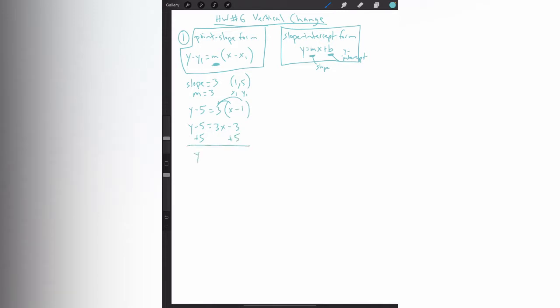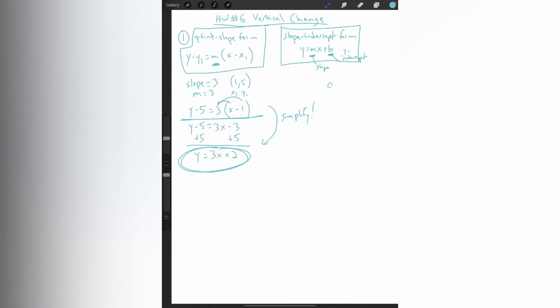And I get y is equal to 3x plus 2. All right, now that I'm here, I can circle it and say, hey, I'm done. Because what you had here, that's right so far, but you have to simplify. Okay, you have to simplify it down. So y is equal to 3x plus 2.